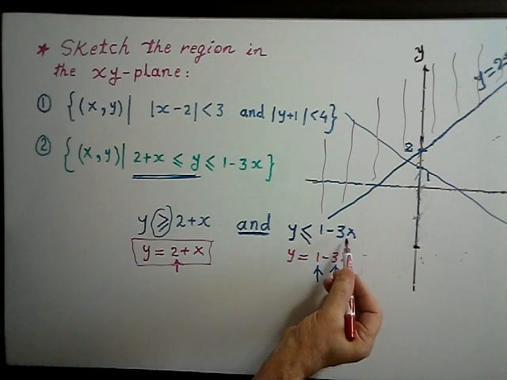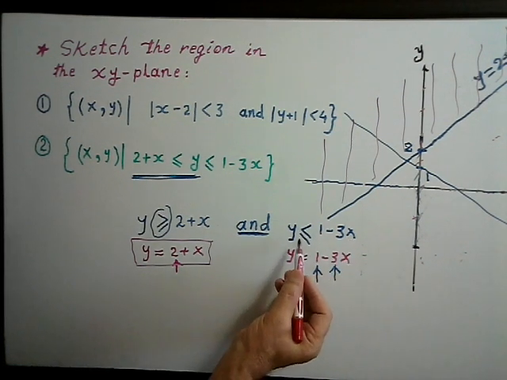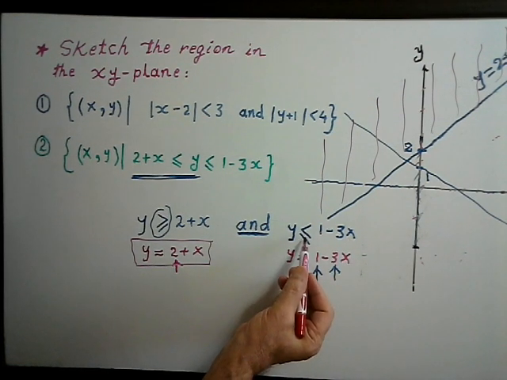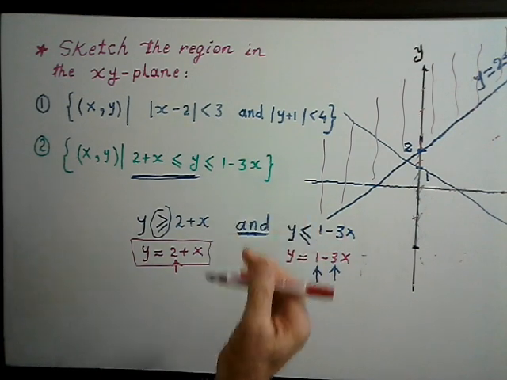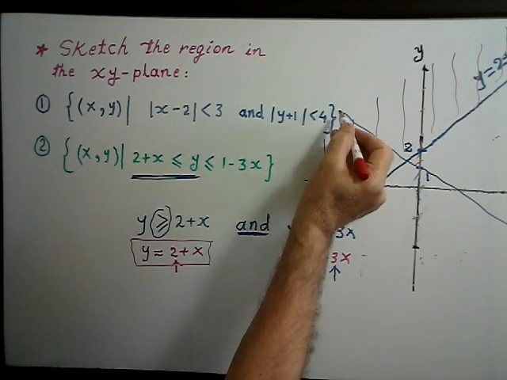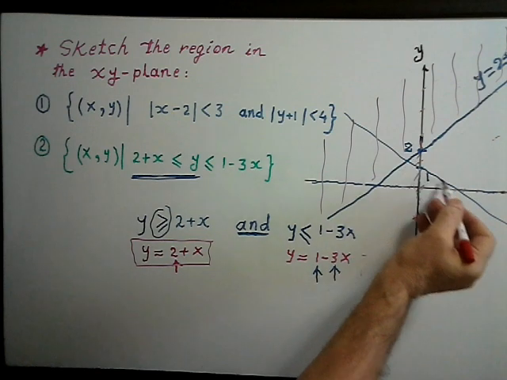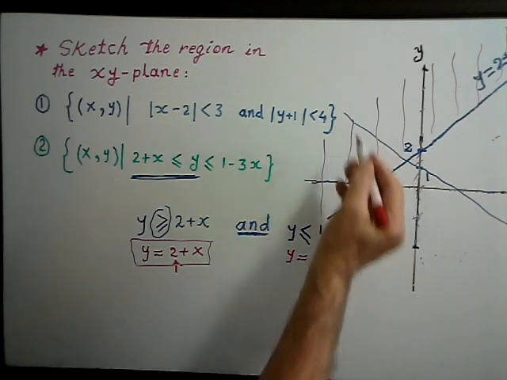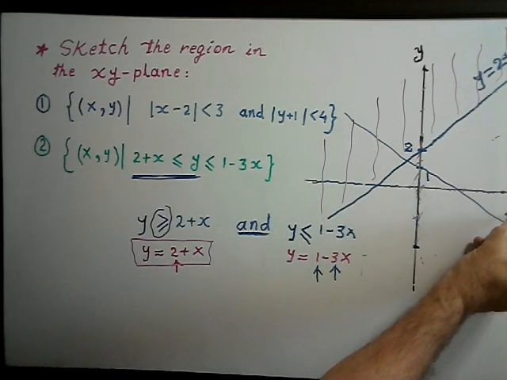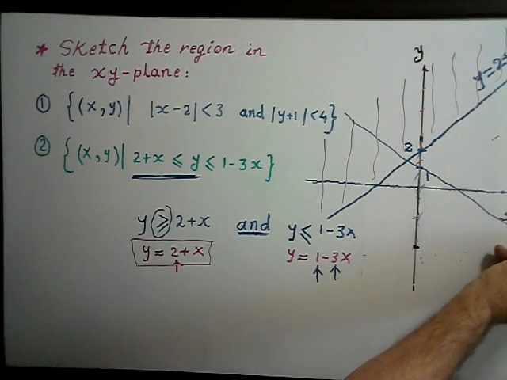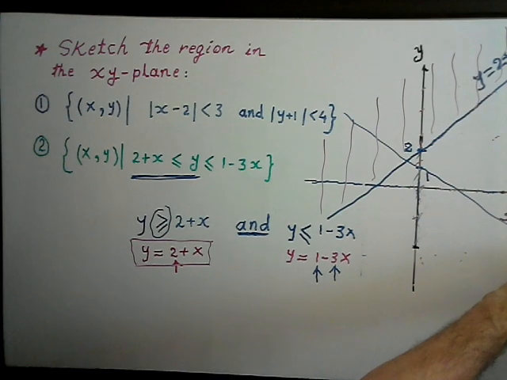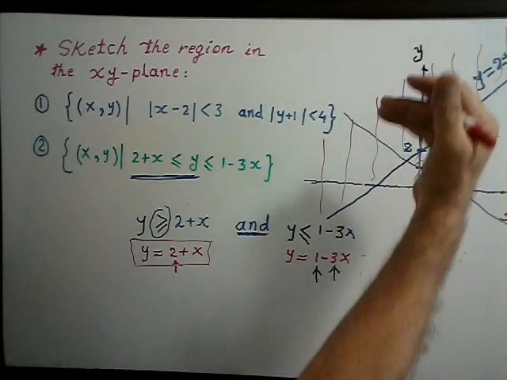Also here, as the inequality sign says less than, we will take the area which is less than, where the line divides the plane into two places. This line here, y is equal to 1 minus 3x, divides the plane into two areas.